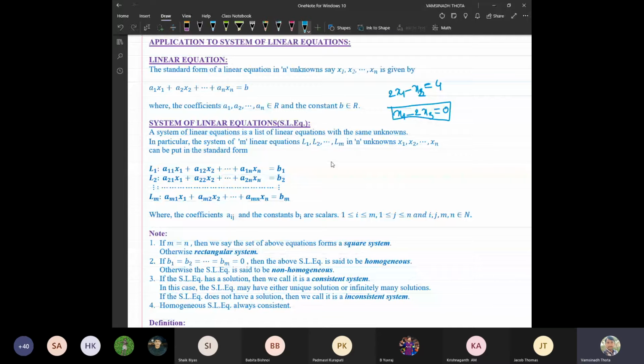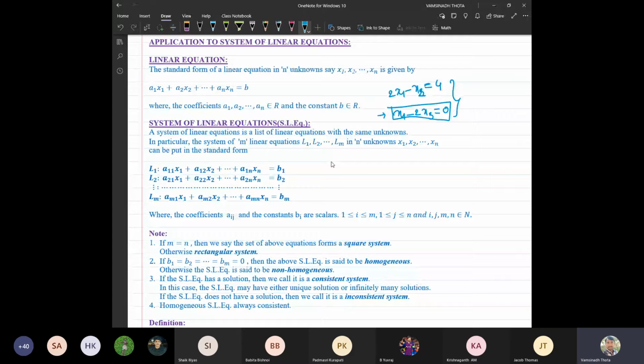But it depends on the context and the situation of the problem. Here x1, x2, x3 are three unknowns, but the coefficient of x2 is 0. So that depends on the problem, how many unknowns are there in that particular problem. Generally we already know this.